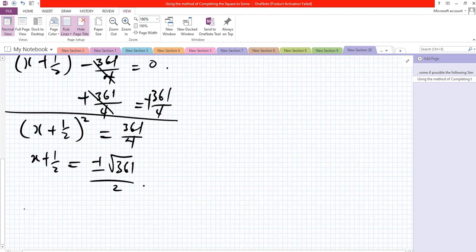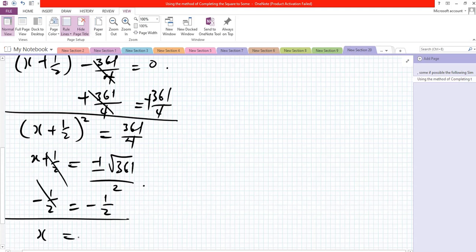So you will now be left with x equal to. Now with this equation you add minus half to both sides. This will cancel out this.